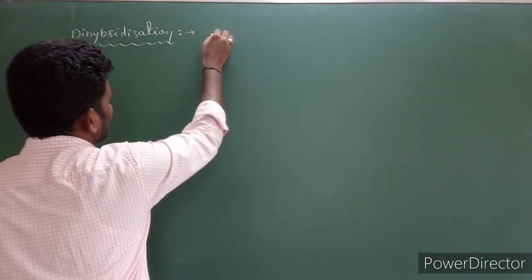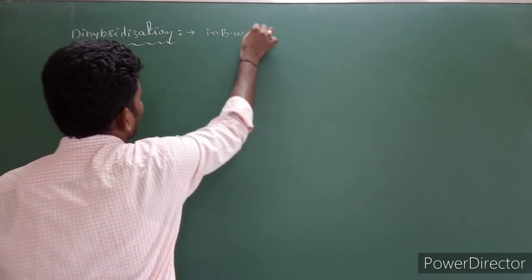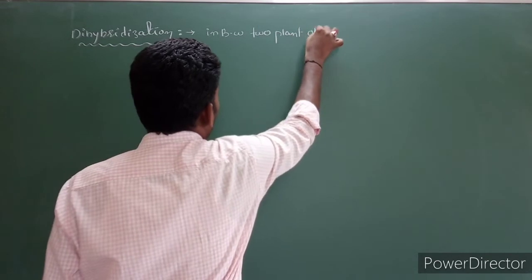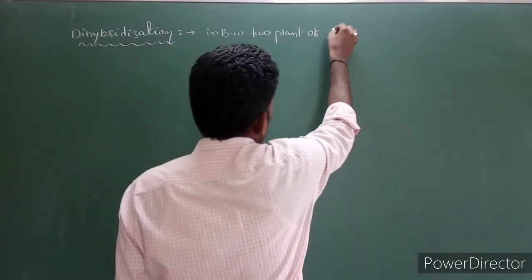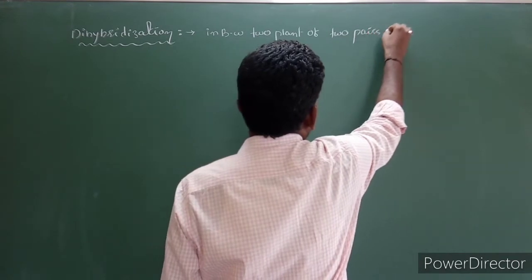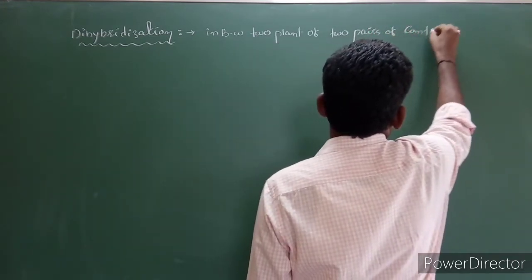Let's see, dihybridization means a crossing is made between two plants of two pairs of contrasting characters.